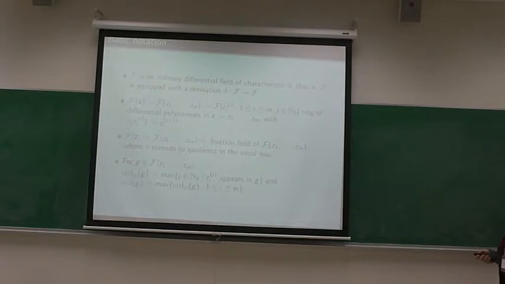And for a differential quotient of differential polynomials G, I will denote the order in the variable Ci. It will be the maximum of the orders with which the variable appears in G, and the order of G will be the maximum of the orders of all possible differential indeterminates appearing.